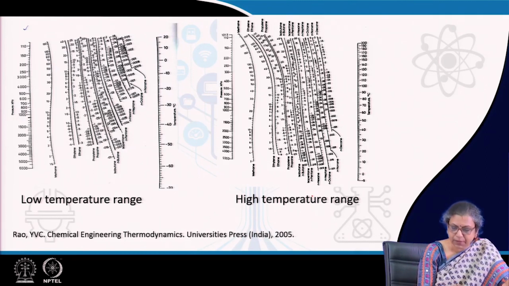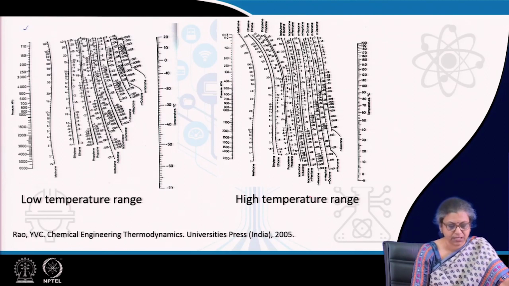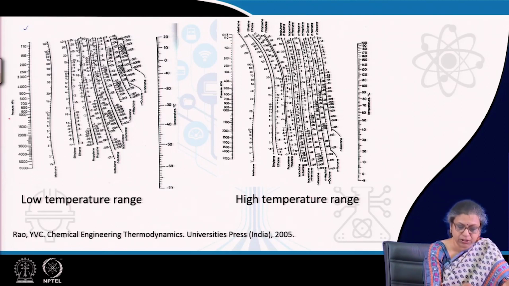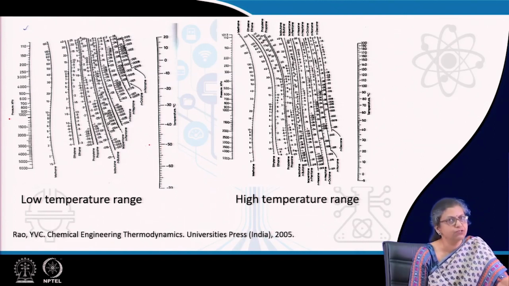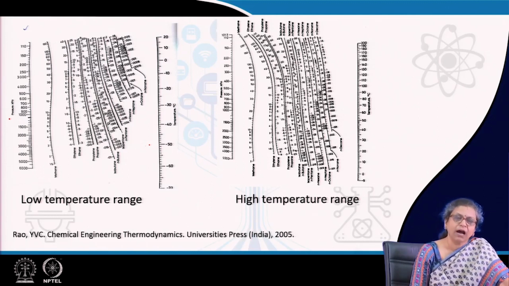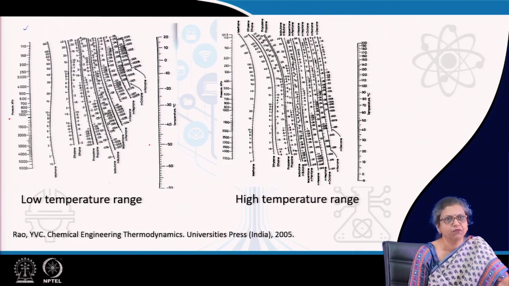Typical K values have been shown in this slide, where if you know the pressure and the temperature, you can very easily find the K values for the different hydrocarbons. Once you find the K values, you can find the alpha values and generate the vapor liquid equilibrium data.